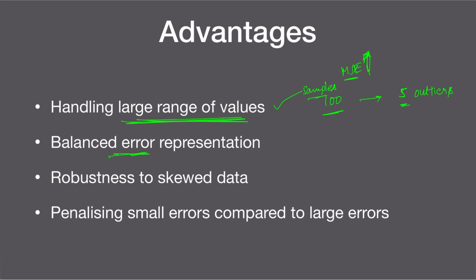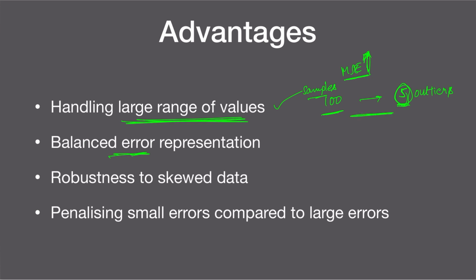So what happens now, if you want to do the weight updation in the regression task in your neural network, usually if your error is very high, then your weight updations will not be fine, it's a coarse update. Just because of these 5 values, while all the other 95 are doing good, it is doing a coarse update. So it is not a balanced representation of your original error.